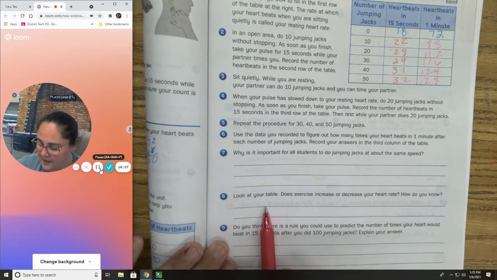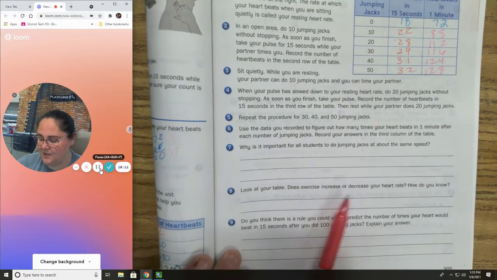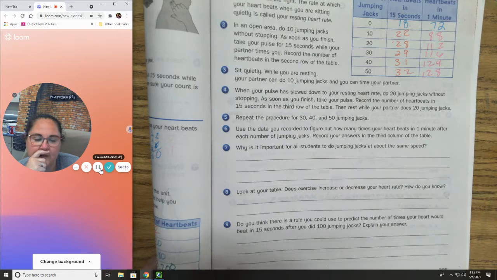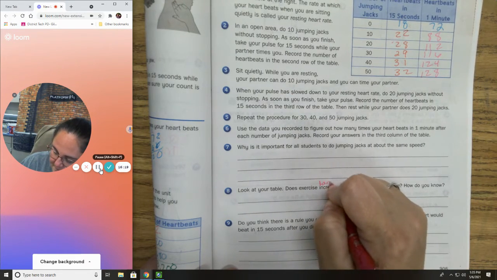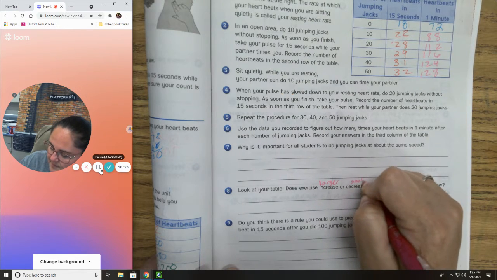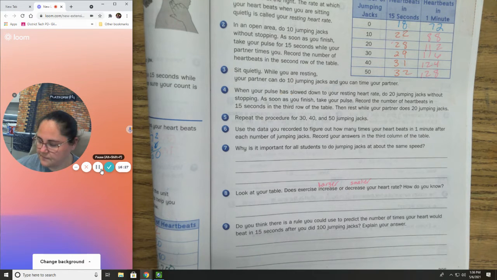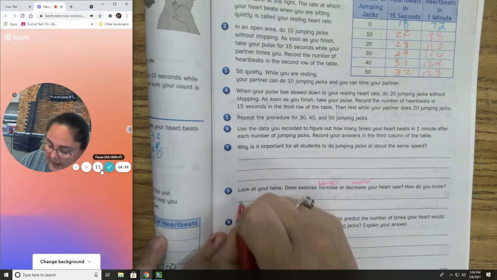Awesome. Look at your table. Does exercise increase or decrease your heart rate? And how do you know? Increase means it gets larger. Decrease means smaller. Looking at this data, I can see that it got bigger. It went from 72 to 128.